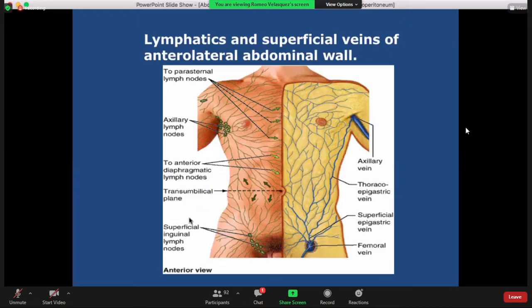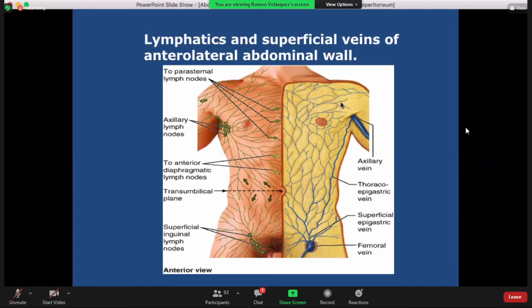That is the reference landmark that I'm talking about: the transumbilical plane, a horizontal line using the umbilicus as the reference landmark. So above this, axillary lymph nodes will be the main destination of the lymphatic drainage, and below the umbilicus, it will be the inguinal lymph nodes.